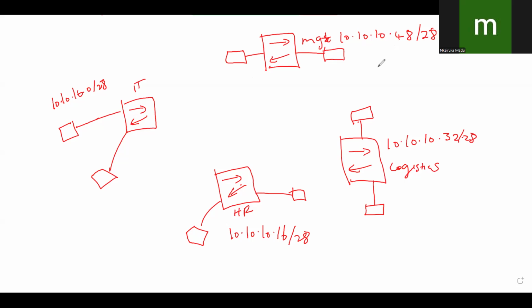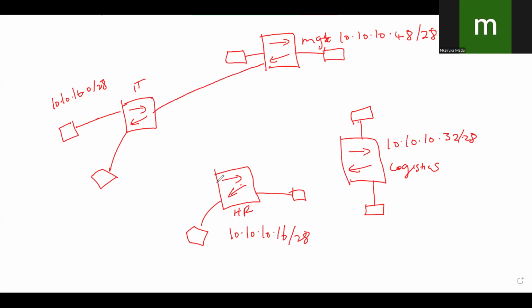A router is a device that allows us to route traffic from one network to another. By default, your switch will only communicate within the network. There is no way the switch will go and communicate with this one.